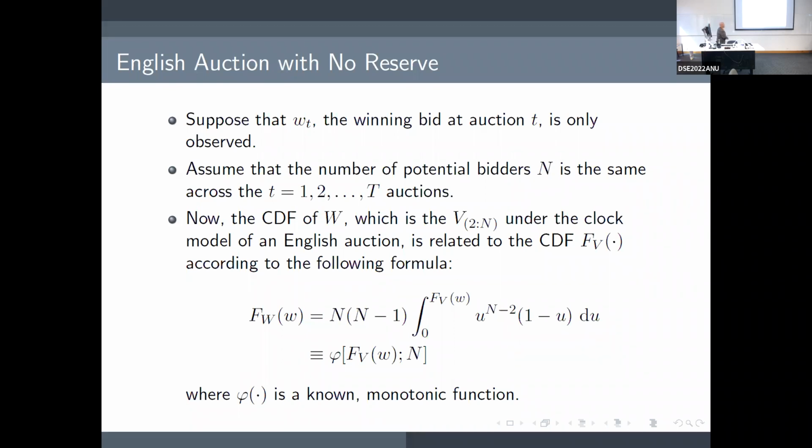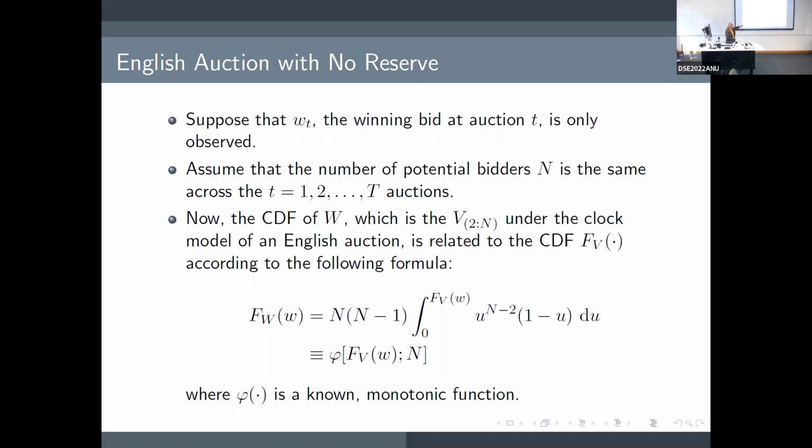How do you estimate these models? Well, in the absence of this unobserved heterogeneity, for a sample of T auctions, you know that you can estimate F_W from the sequence of winning bids, right? That's typically all you get at an English auction.